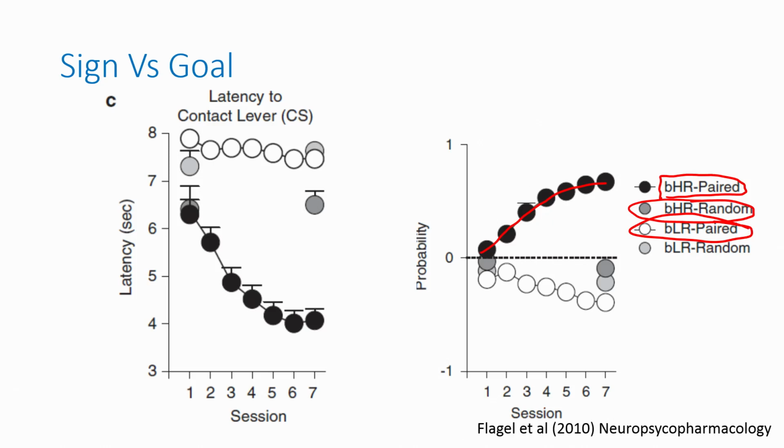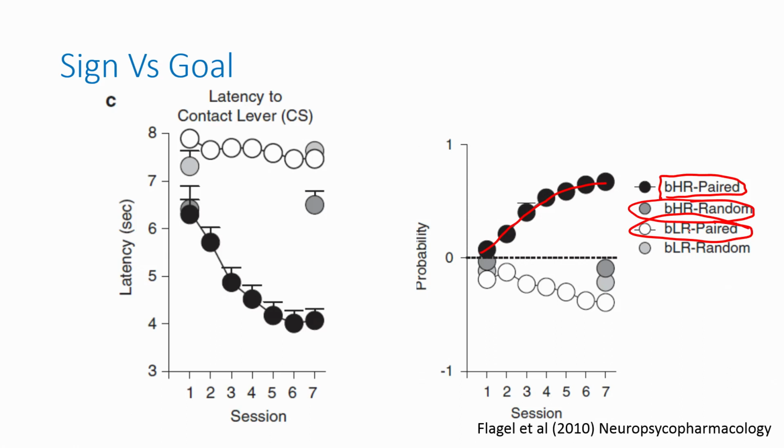If you ask about latency to reach the food magazine, where the food has been delivered, these curves would be exactly reversed: the open circles, the low responder group, learn to reach the food place much faster. But the bottom line is you can classify them into sign versus goal groups based on the movement, high response versus low response.